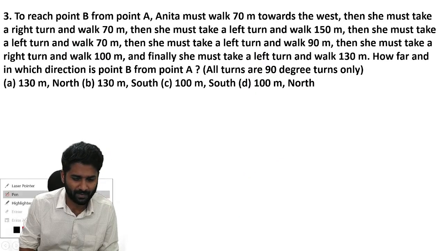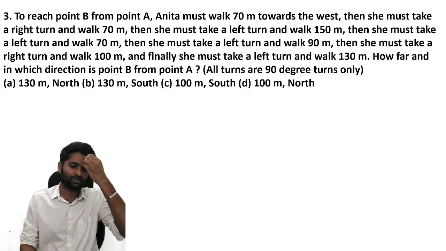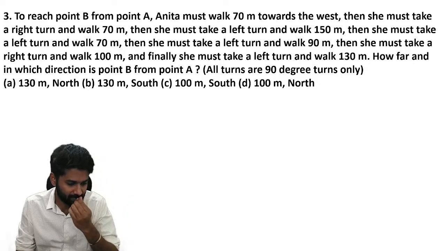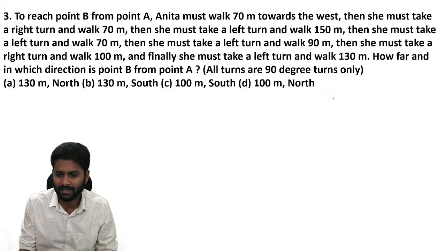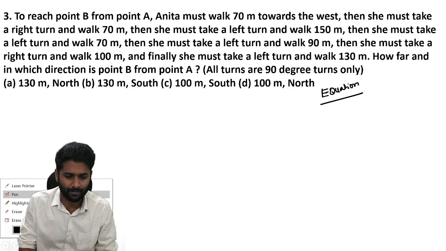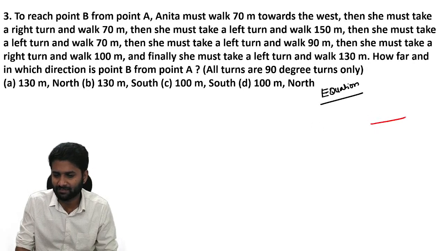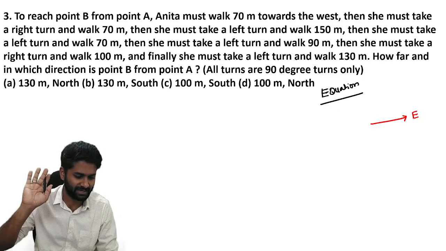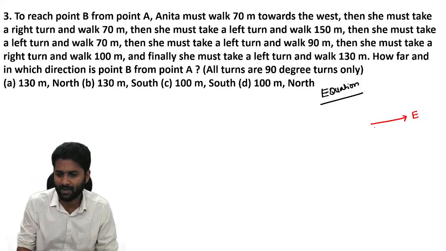Next, let's go through this question from the direction concept. Guys, understand the method of equation here. I will teach you the equation method. First of all, direction. In any direction, your right hand always refers to east. Remember that. Right hand is east.